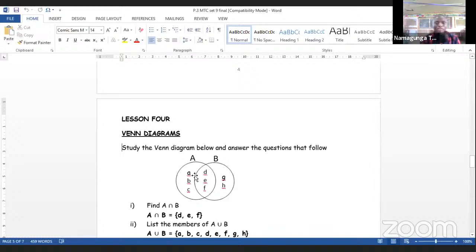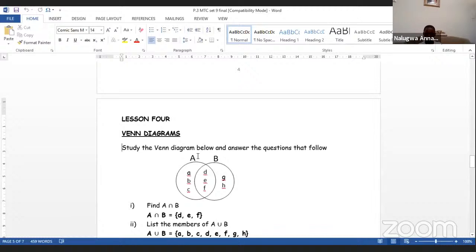Can you read for us our Roman number 1? Find A union B. Find A intersection B. Good.